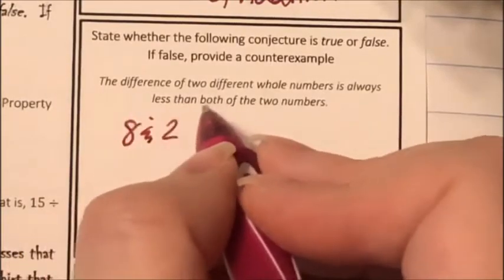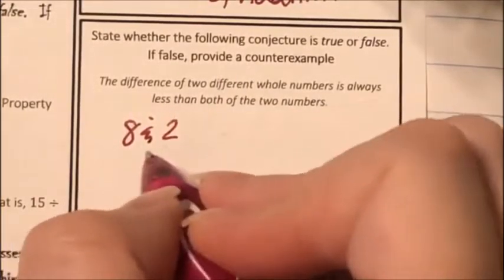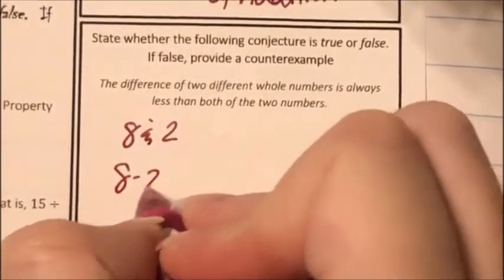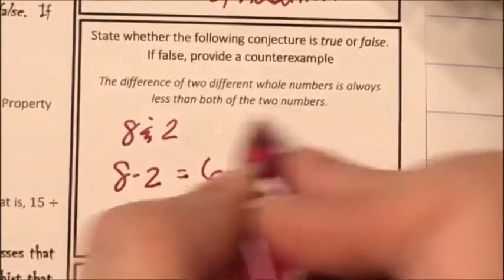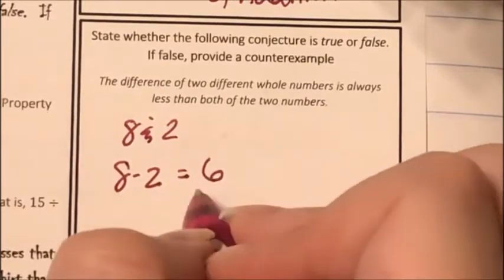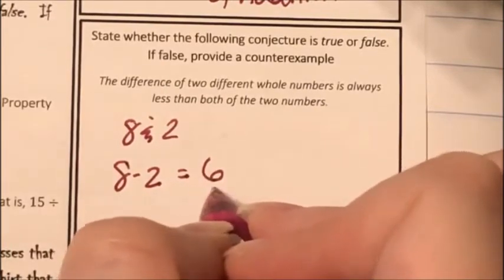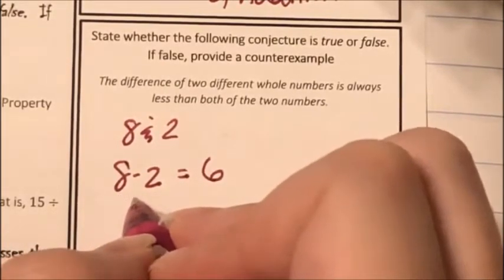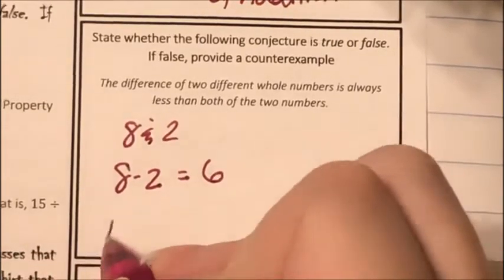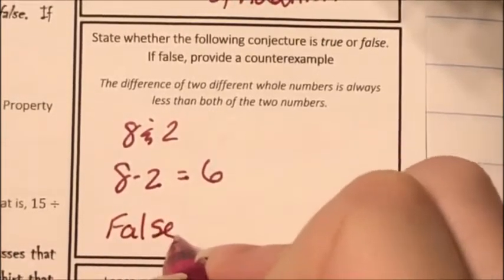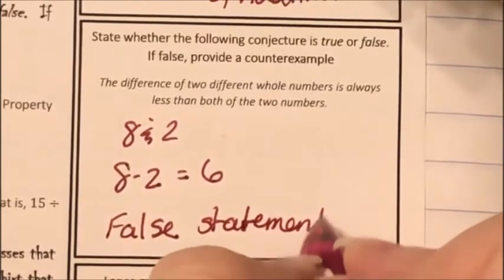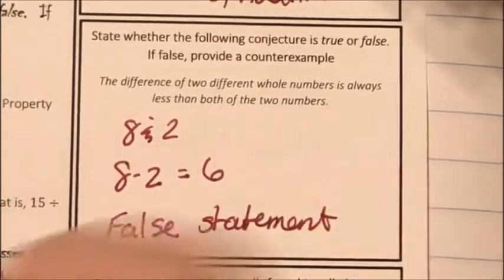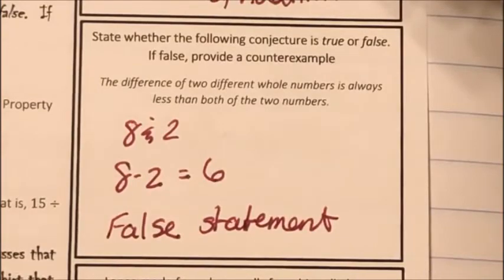They're two different whole numbers. So difference I subtract. So 8 minus 2 gives me 6. Is always less than both of the two numbers. Okay, well 6 is less than 8, but it's not less than 2. So this has to be a false statement. Okay? Since 6 is not less than 2.